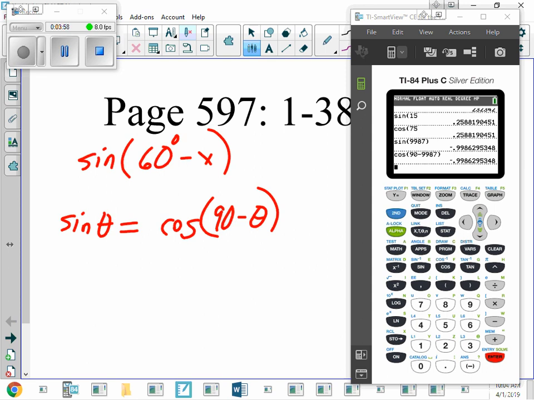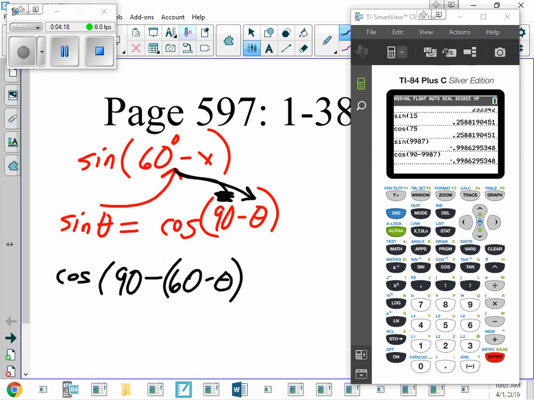Well, theta is just 60 minus x. So I'm going to plug 60 minus x in there. So the cosine of 90 minus 60 minus x, which turns into 90 minus 60 plus x.